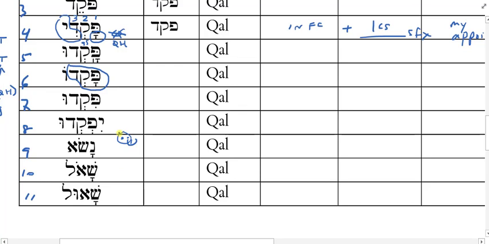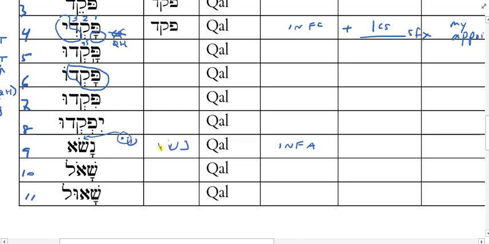All right, so that dot is doing duty for both of these. So this is naso, naso. Kametz, holem. That looks like an infinitive absolute, doesn't it? Naso, naso.